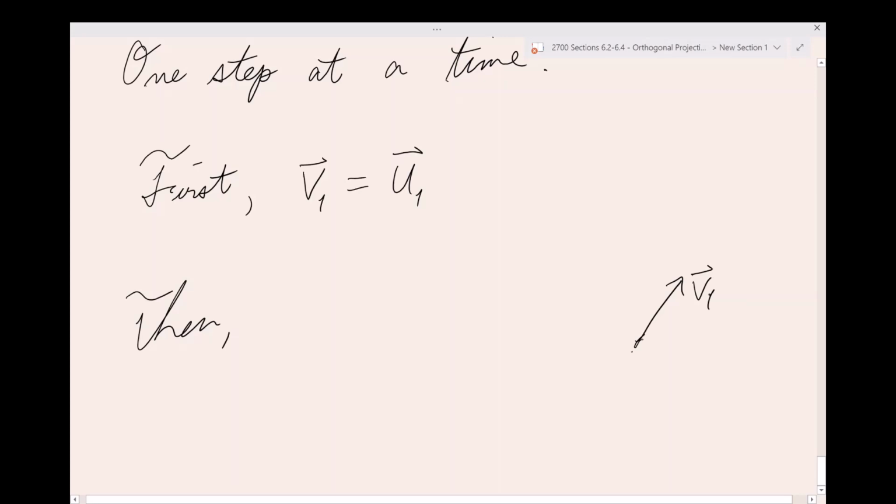Now, I look at the next vector in the old basis, and now what do I want? I don't want to add it. It's not orthogonal. So what do? And the idea is, well, instead of adding it, let's add its component orthogonal to what I got so far.